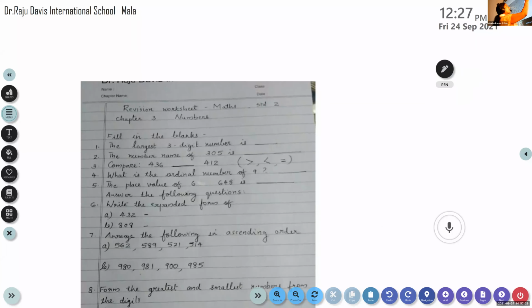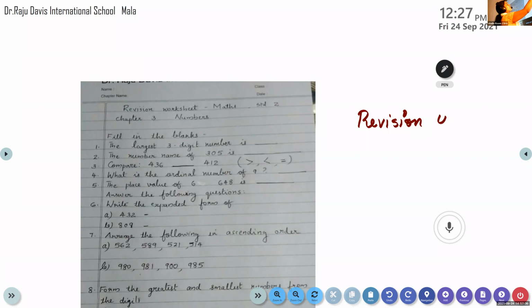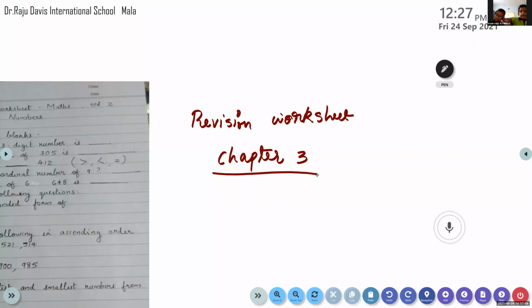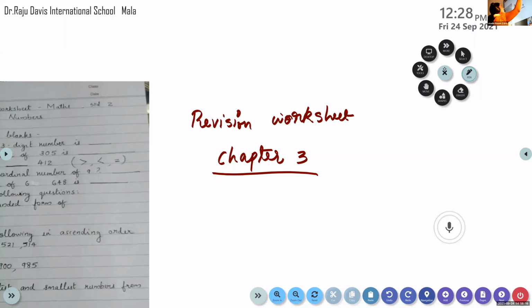Revision worksheet. Revision spelling REVISION.